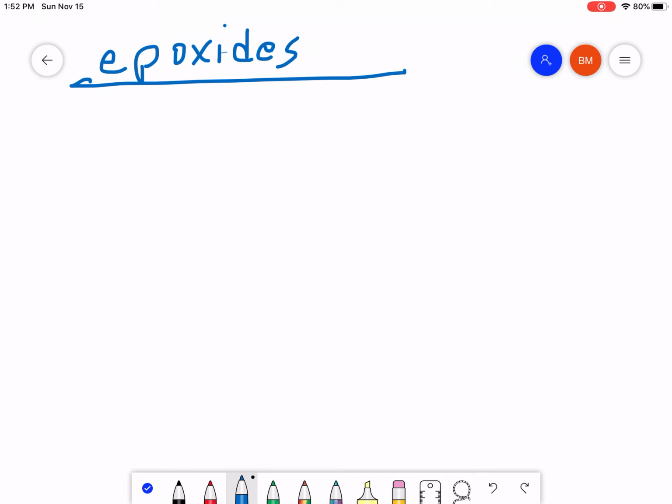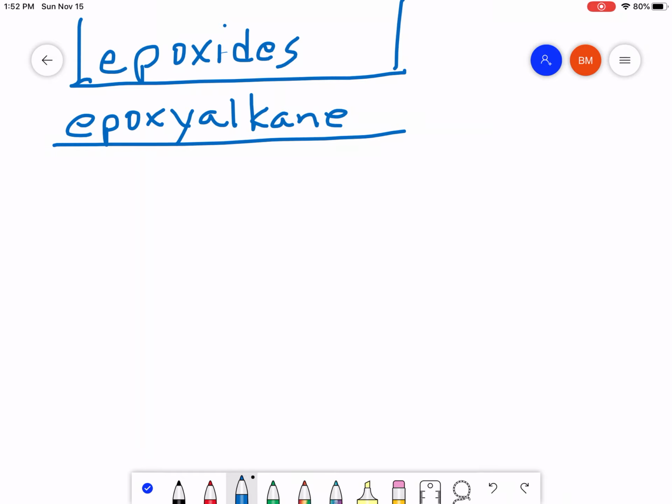The first one I want to show you is probably the best one overall. This one will work for any epoxide, and that's the epoxy alkane method. Basically, you can figure out probably from this title that our parent chains here are going to be alkanes, so they're going to be named as propanes, butanes, pentanes, etc. And epoxy groups are going to be substituents.